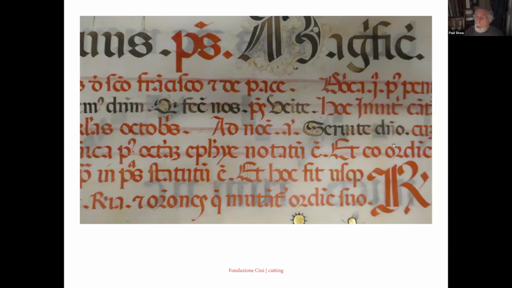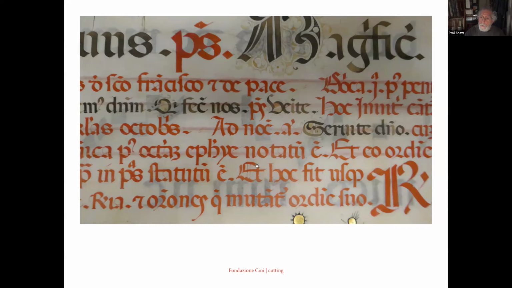Bowed Rs always follow curved or round letters, whether it's Textura or Rotunda. So a regular R would be, I hope everybody's seeing my little hand as I'm moving it around. That's a bowed R right there. There's a regular R. Yeah, I can see the cursor. Thank you. There's a regular R right there. I got some arrows later on to help.